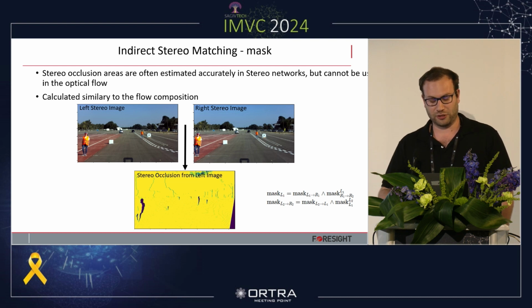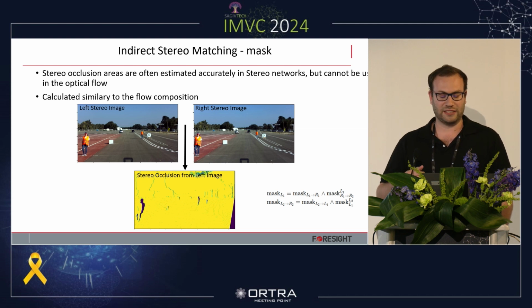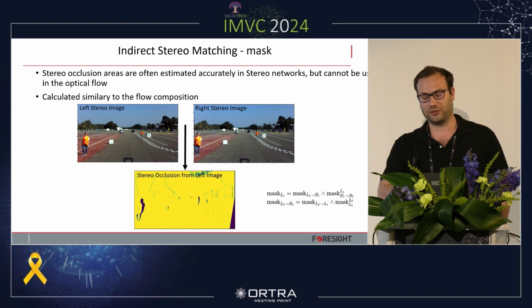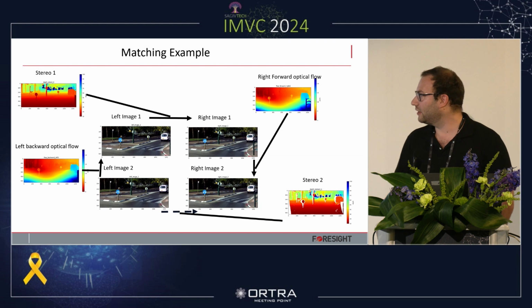So in order to improve this method, the mask is also passed throughout the optical flow combination path, creating a mask of occlusion from all the cameras so that we can only track the objects that were visible throughout the path.